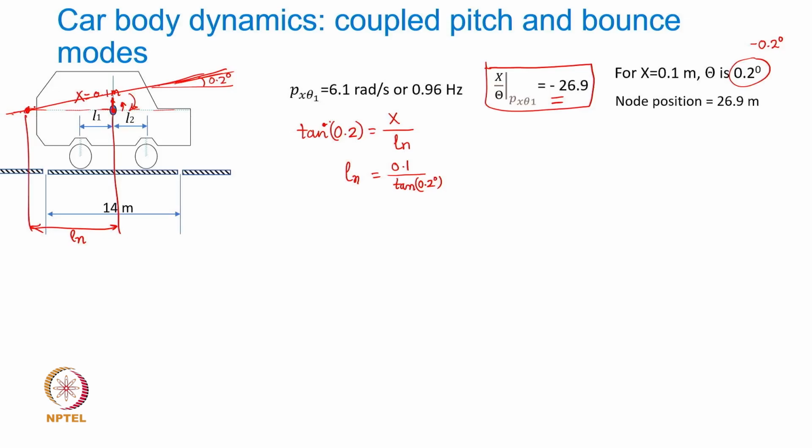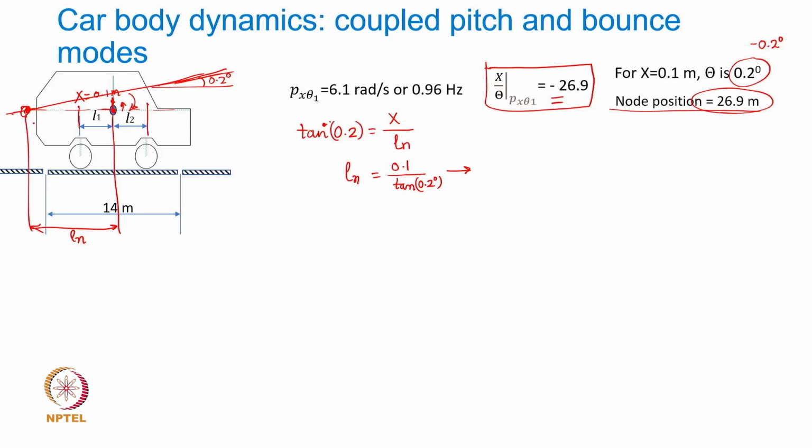So this is a node position where the entire body will have an oscillating motion about that particular point. So when it generates this kind of coupled bounce and pitch mode, the position of the node can be obtained using this expression. You can figure this out, that it turns out to be 26.9. Now look at this distance. This distance was close to 3 meters, and 26.9 is the position of the node, right?